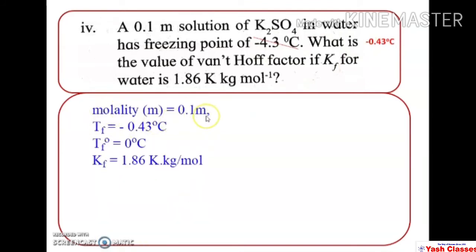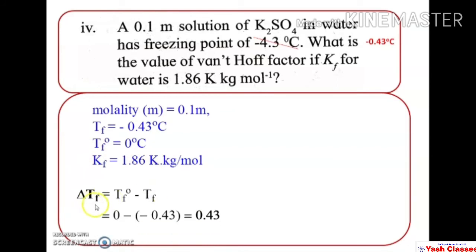Now molality of potassium sulfate is given. Potassium sulfate is an electrolyte, and after dissociation it gives 3 ions, 2K plus and 1 SO4 minus minus. So molality m is equal to 0.1. Freezing point of solution is given, minus 0.43 degree centigrade. Freezing point of pure solvent, that is water, is fixed at 0 degree centigrade, and the cryoscopic constant is given, 1.86.